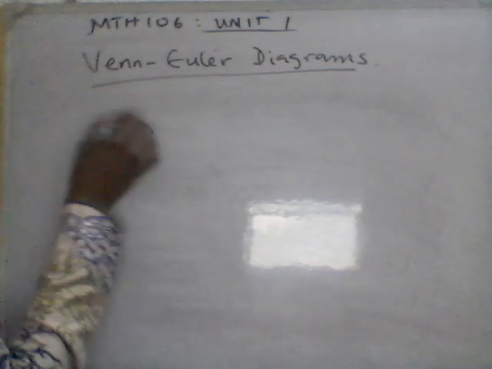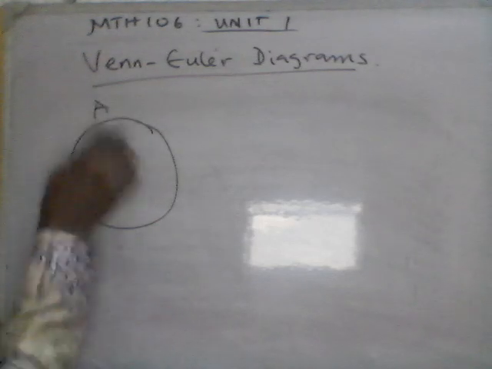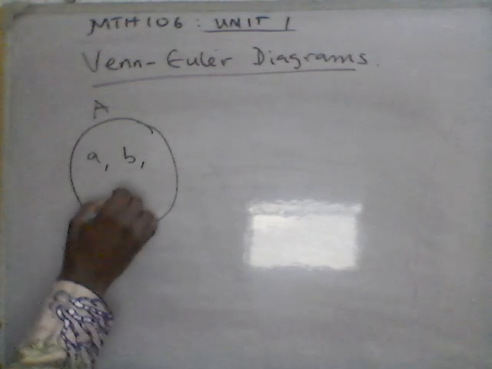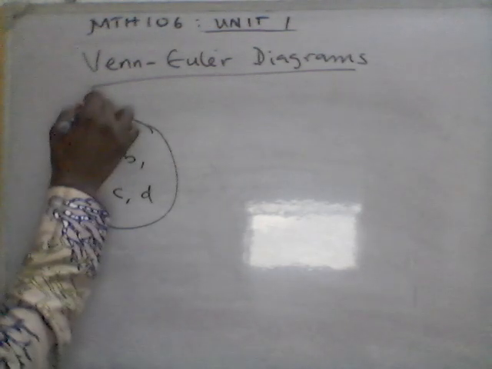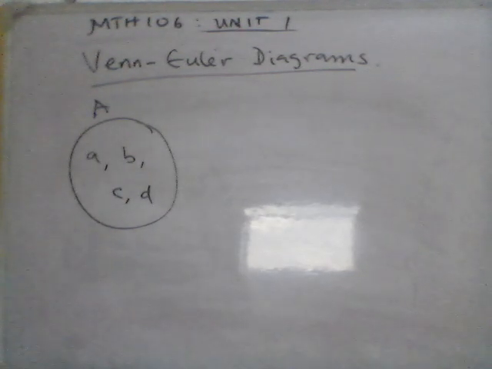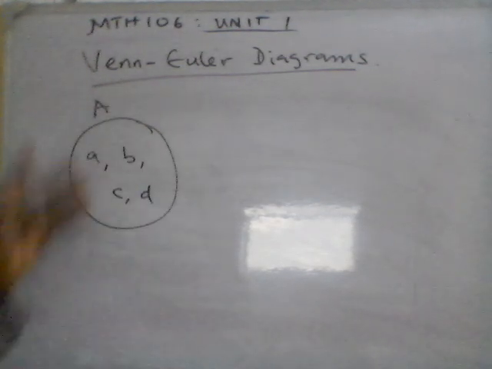Most of the time we use a circle to represent a set. So if this is a set and inside there are elements, I put the elements like this. I told you that capital letters are used for sets and lowercase letters are used for the elements. So these are elements inside this set. This is a diagram representation of the set.